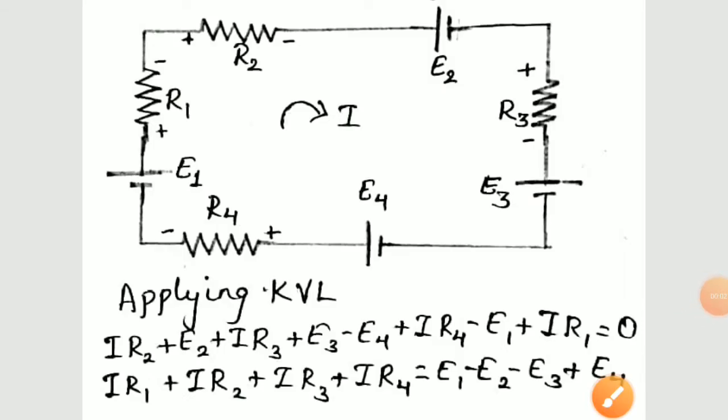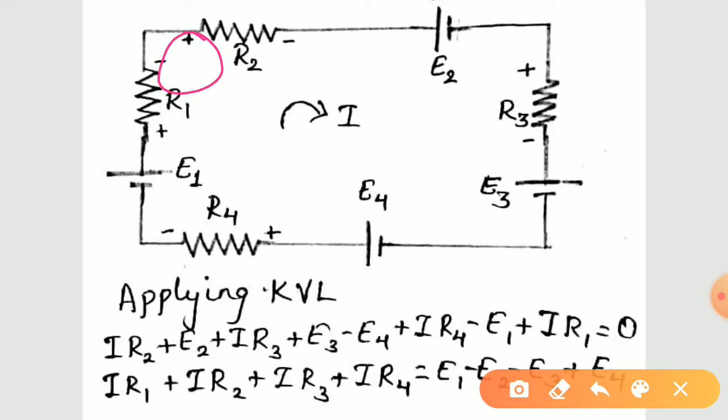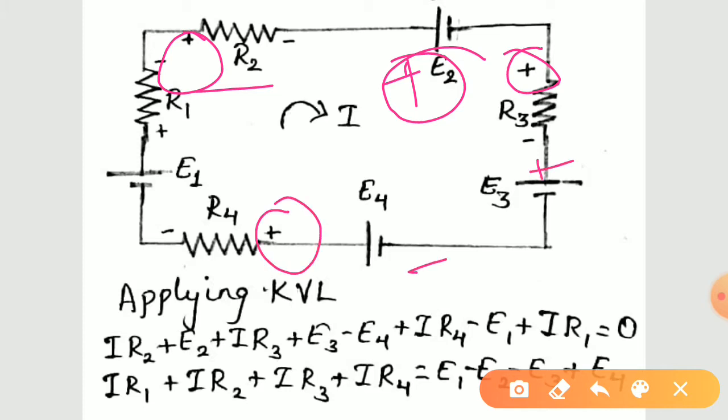While applying KVL for this given circuit, I will be using the entering sign of each element, that is plus IR for resistor, plus for this battery, plus for this resistor, plus for E3, minus for E4, plus for R4, minus for E1 and plus for R1.